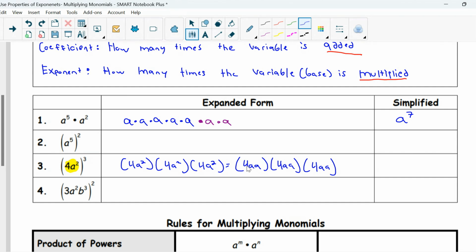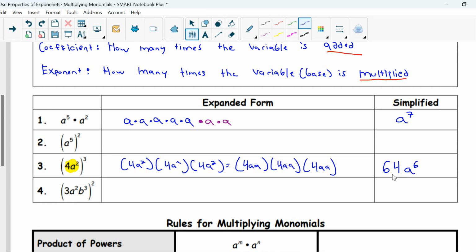We have 4 times 4 times 4, which is the same as 4 to the third power. 4 to the third power gives us 64. And we have 2 a's, 2 a's, 2 a's. That gives us a to the sixth power. A is being multiplied by itself 6 total times. All right.